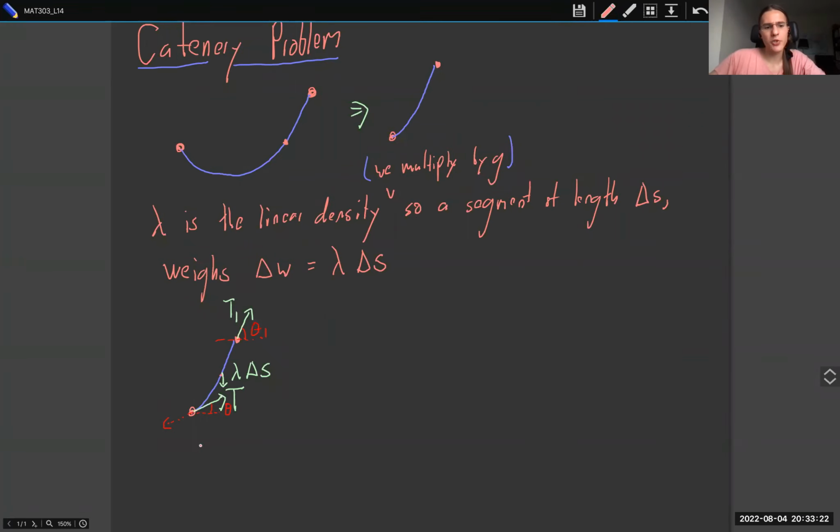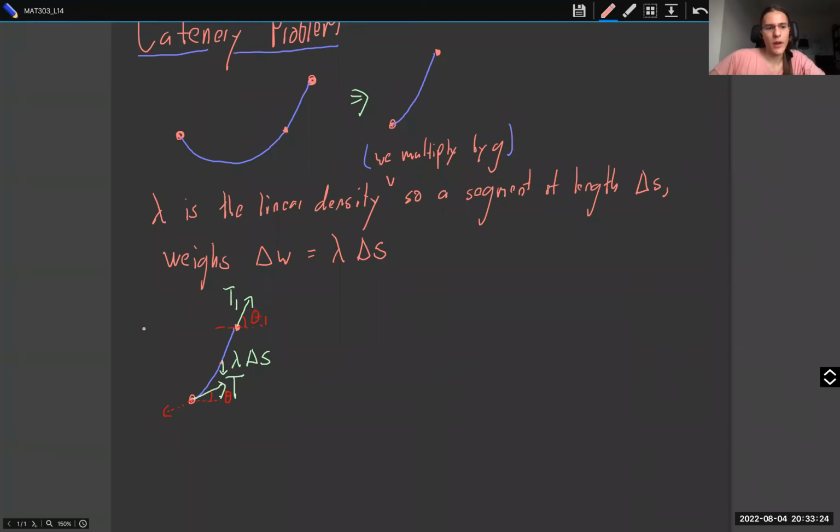So then we're going to do a component analysis. We're going to do the sum of forces acting in the x-axis and the sum of forces acting in the y-axis, right? So this one, by the way, is going to act in this direction. So maybe I can instead draw this in red, because that's where we're measuring the angle from.